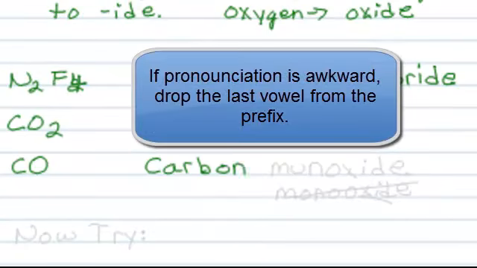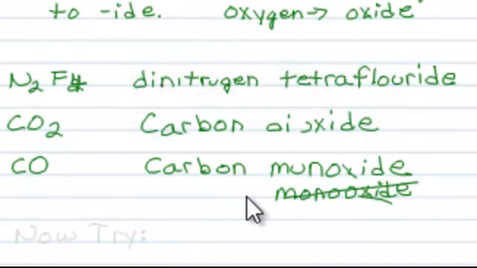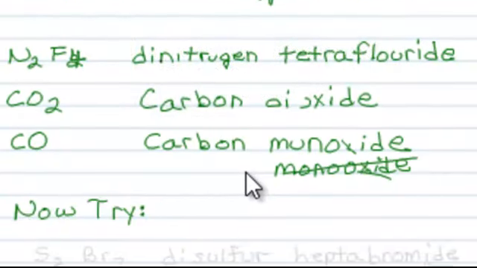Now, you do use mono for the second element, but monoxide would be hard to say. So you're just going to do the mon part and then the word oxide. So you're not going to do that. That's wrong.